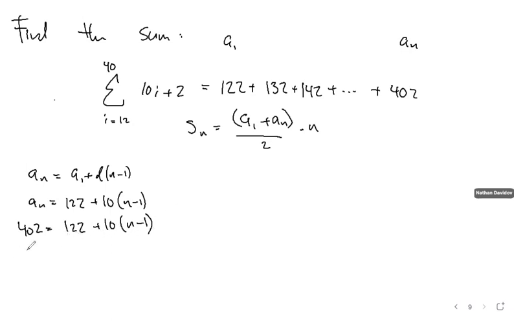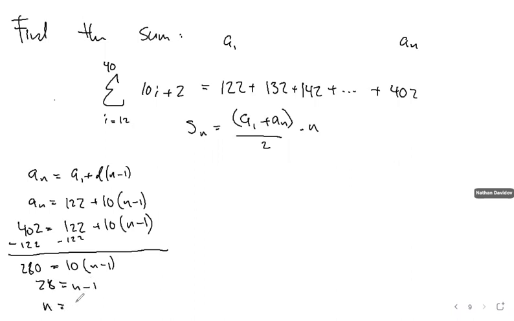So now I just have to solve for n. Subtracting 122 on both sides, what do I get? 40 minus 12 is 28. So this is 280 equals 10 times n minus 1. 28 equals n minus 1. So n is equal to 29. Okay, good. So this is actually a sub 29.